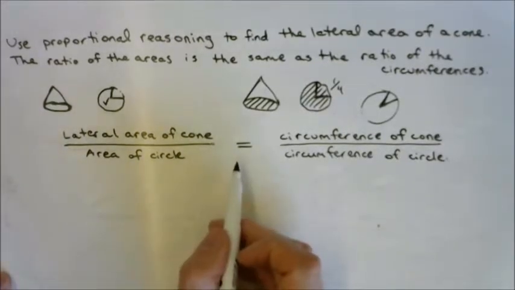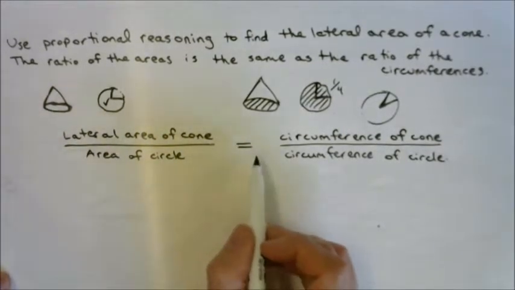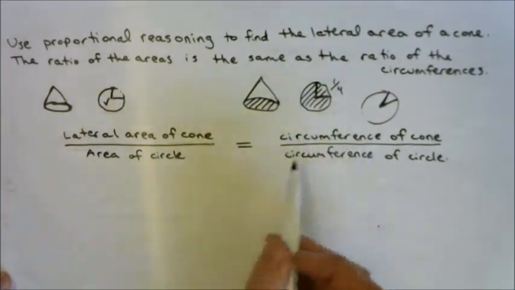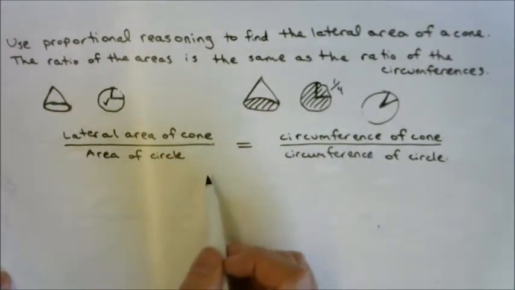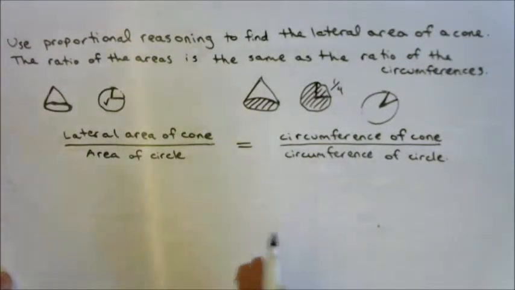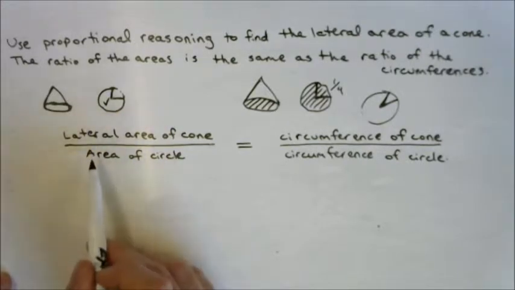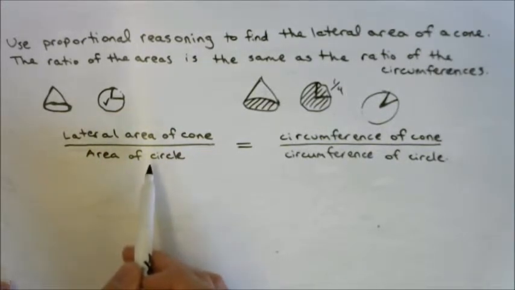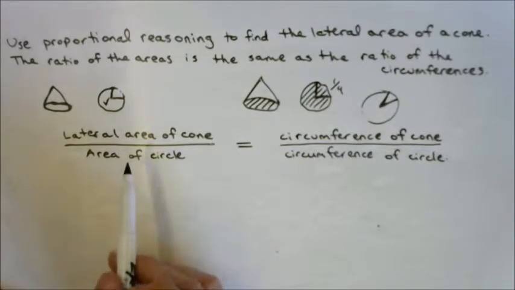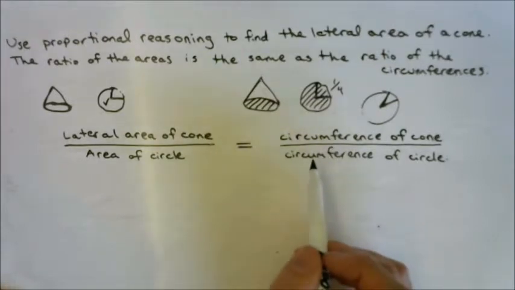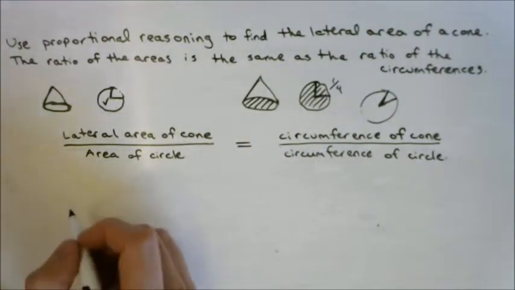A proportion is when you set one ratio equal to another ratio, and now if you know bits and pieces of each ratio, you can figure out the missing answer. You can figure out an unknown value this way. So for instance, if we know the lateral area of a cone and the area of the circle, using our formulas and using radius, etc., and the slant height, then we can also figure out one of the missing pieces here, okay?